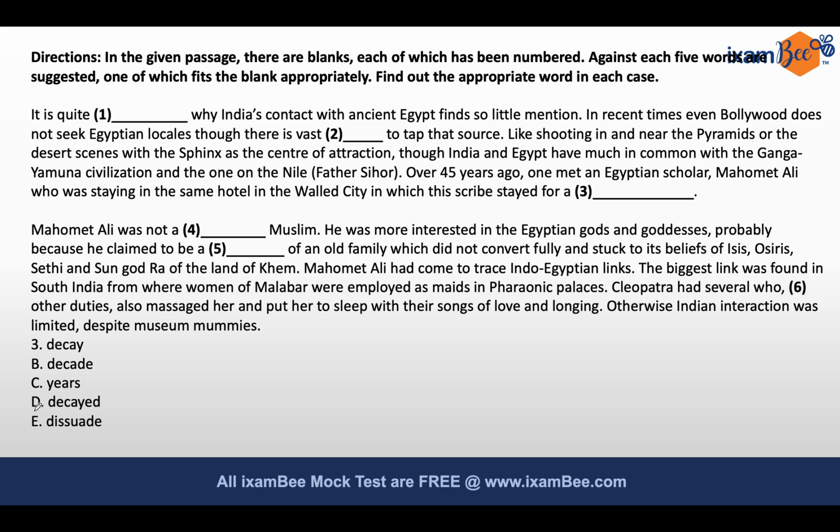Over 45 years ago, one met an Egyptian scholar, Muhammad Ali, who was staying in the same hotel as the walled city in which this scribe stayed dash. So we're talking about staying for some point of time, right? We're looking for words that talk about time. Yes, we're looking for number of days, number of years, number of months, something like that.